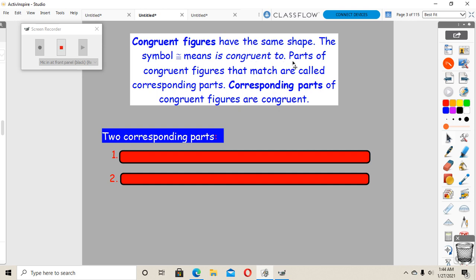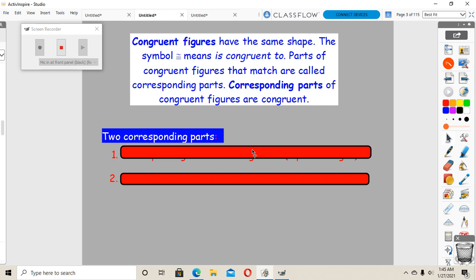The parts of congruent figures that match are called corresponding parts. Corresponding parts of congruent figures are congruent. Here we have figure 1, that is congruent to another figure.